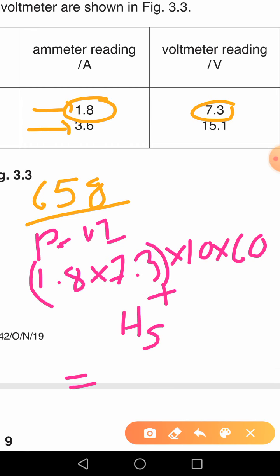This will be equal to the energy gained by the ice, 65 gram of ice into L, and L has the unit joule per gram. So this is for the first 65 gram. Please note it down.